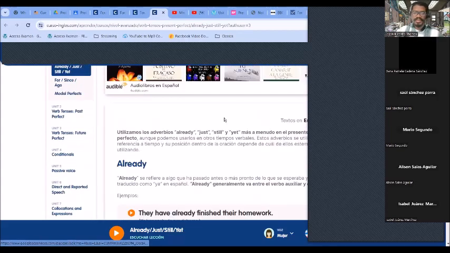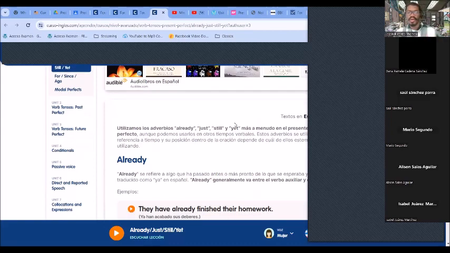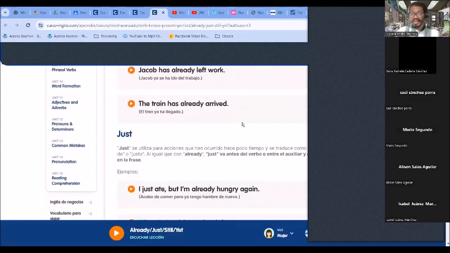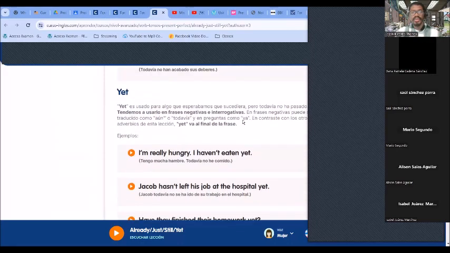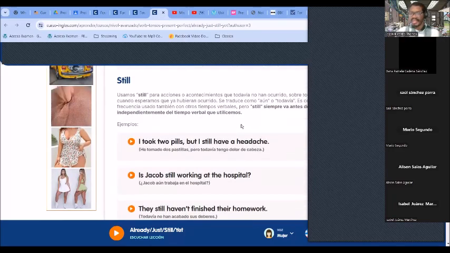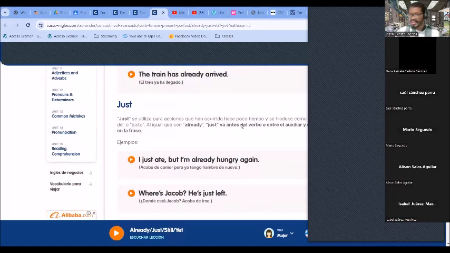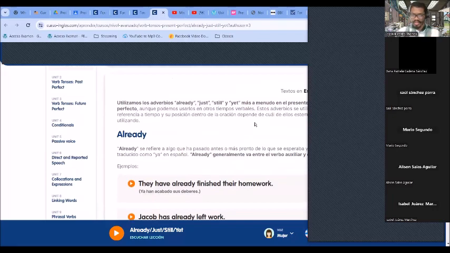When we want to express ideas that are also related to time, but suggest finished or surprise or recent or not finished, we use other words like yet, still, just, and already.